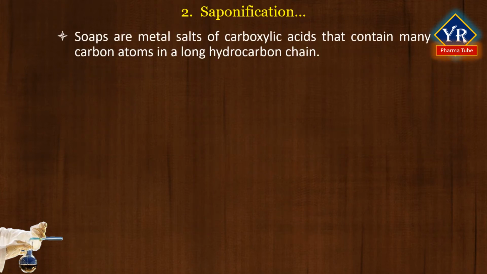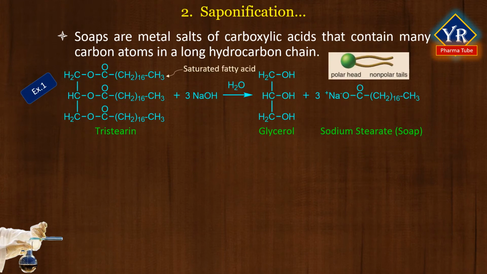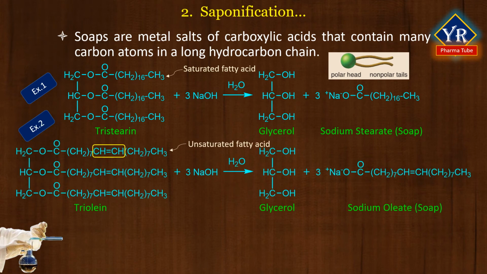Soaps are metal salts of carboxylic acids that contain many carbon atoms in a long hydrocarbon chain, that is, soaps are metal salts of fatty acids. For example, sodium stearate is a sodium salt of stearic acid, an 18-carbon saturated fatty acid. These carboxylate salts are soaps which clean away dirt.